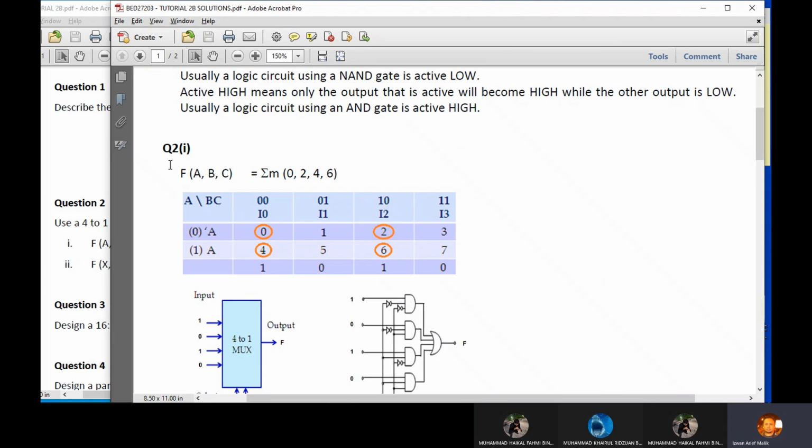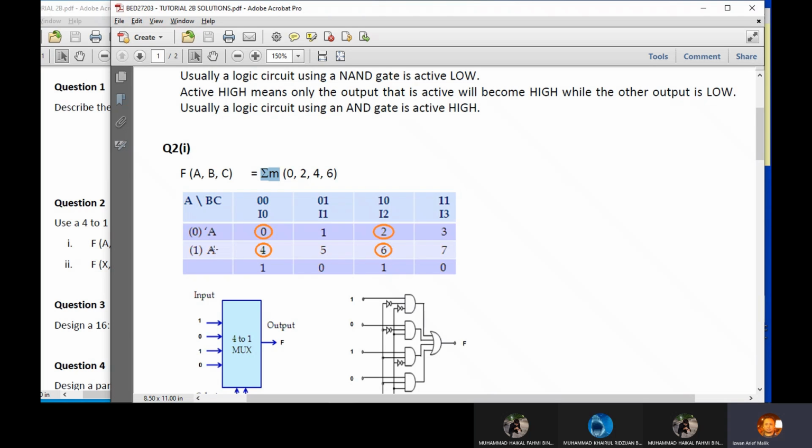So kalau macam ni, if the question is like this, using the small m, meaning that it is for min terms punya condition. Alright, so min term condition, we take it directly lah. So implement it on the implementation table, A, B, C.